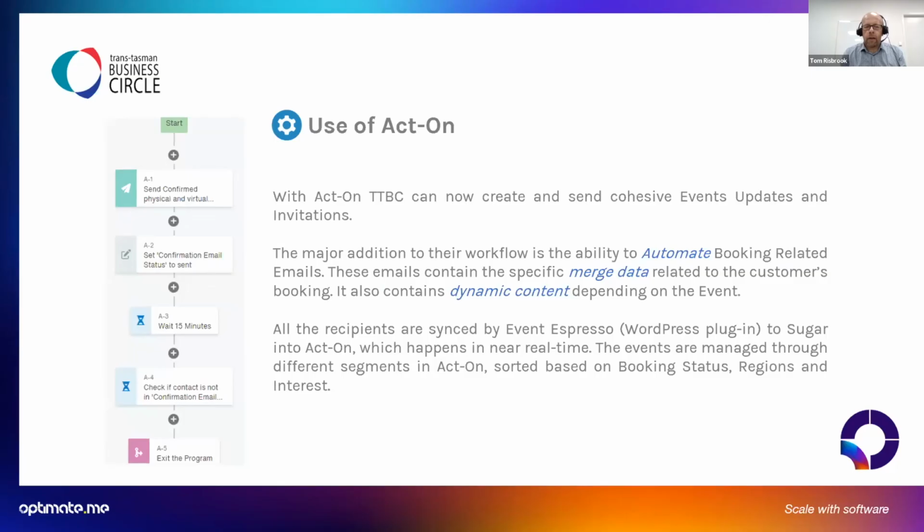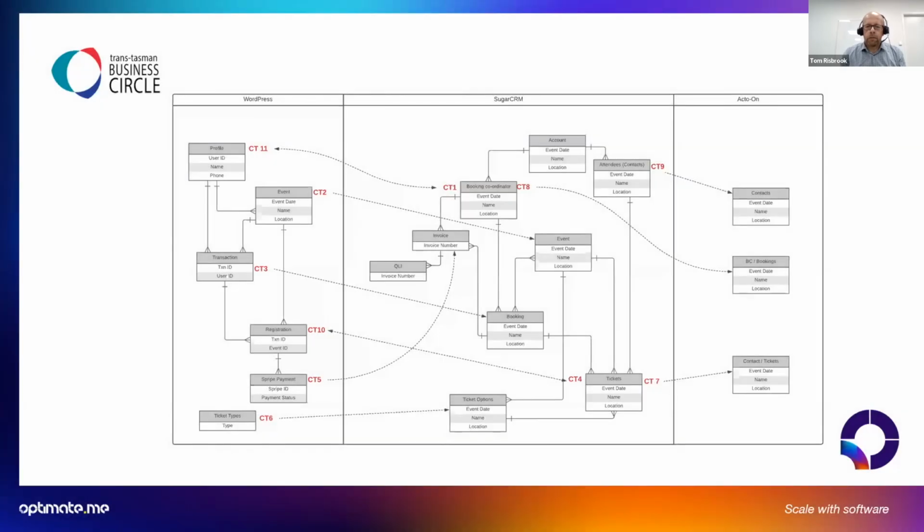Quite complex, but you can see on the left-hand side, that's the example of the automated program. So send the confirmation, wait 15 minutes, check again, etc. It's quite a nice use of the application.